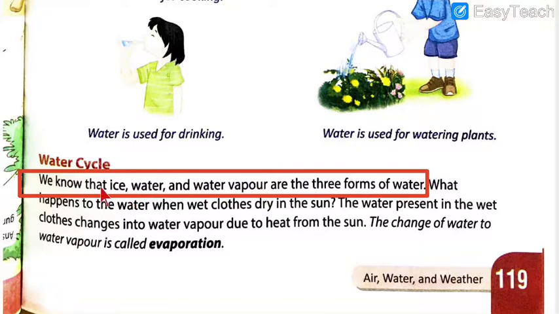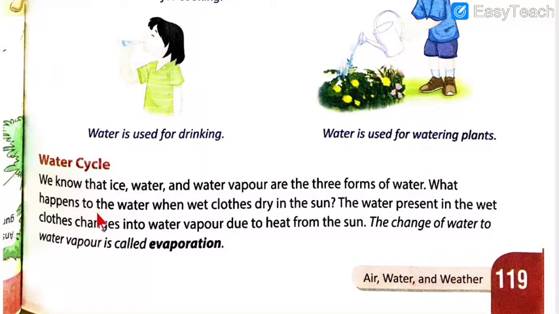Now let us see an interesting topic, the water cycle. We know that ice, water and water vapor are the three forms of water. Wait a minute. Boys and girls, where have you seen this line before? Ice, water and water vapor. Have you heard these three forms of water before?